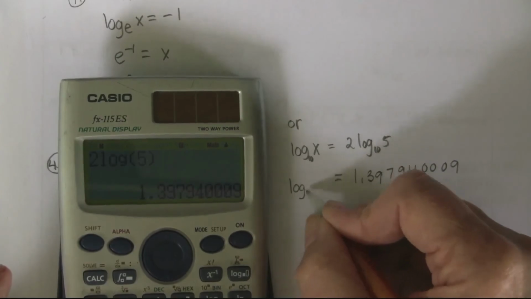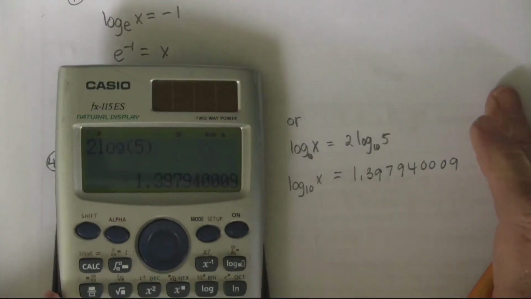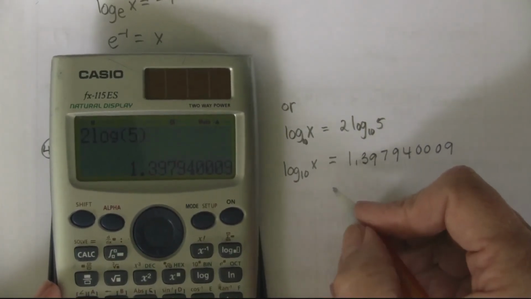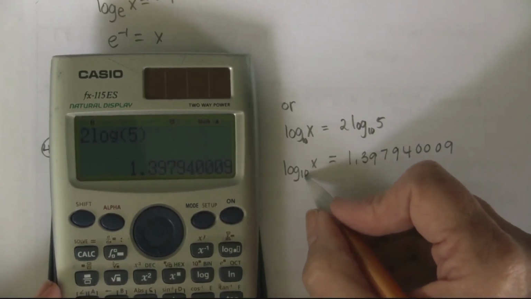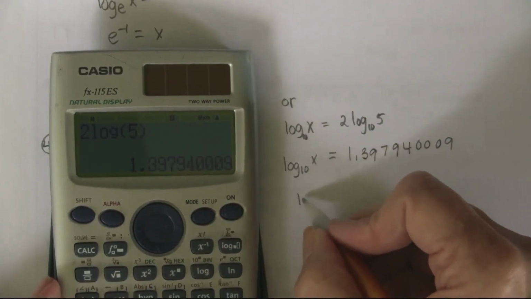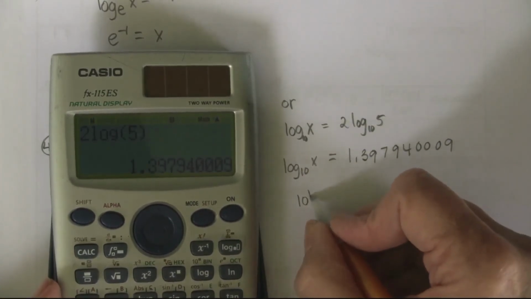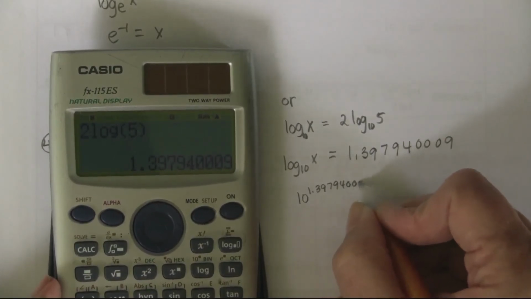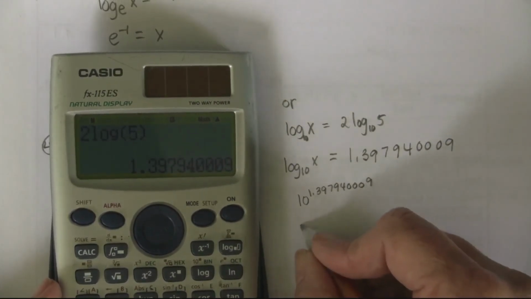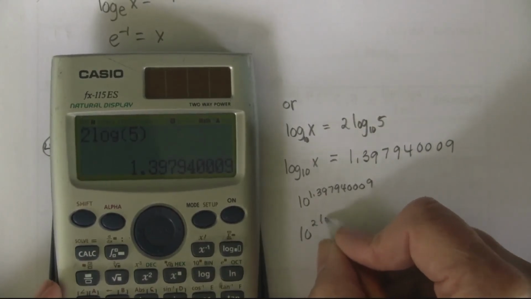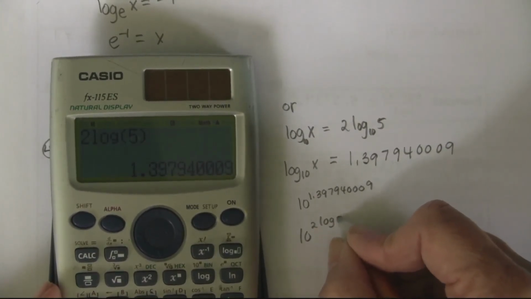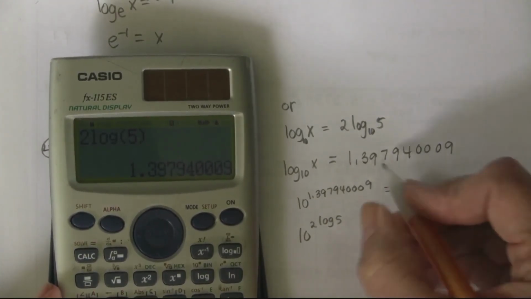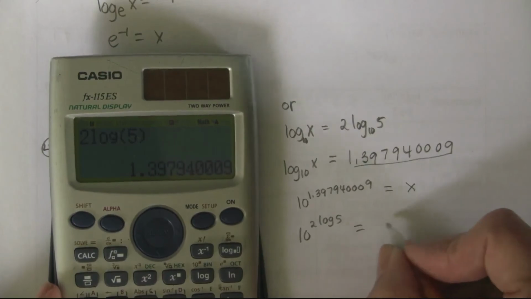And this is log base 10 of x. If I wrote it in exponential form, the base is 10, the exponent is 1.397940009, equals x.